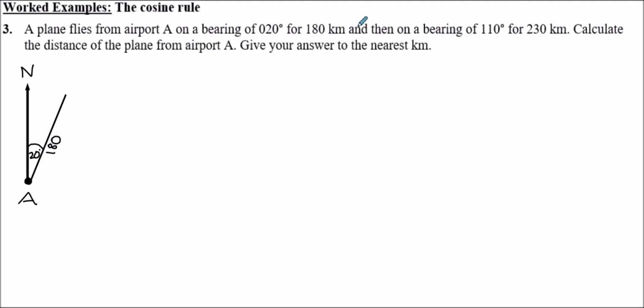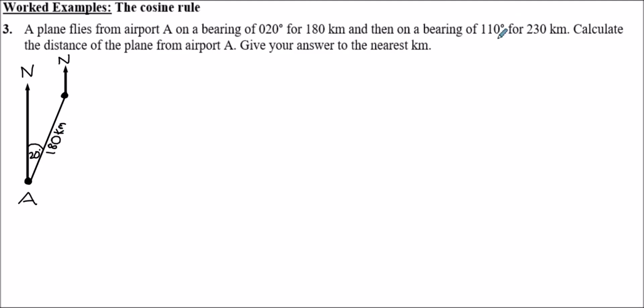Now, after that, it then goes on a bearing of 110 degrees. So again, if I just draw a line going upwards for north, after travelling for 180 kilometers, it's now going to turn and head on a bearing of 110 degrees.